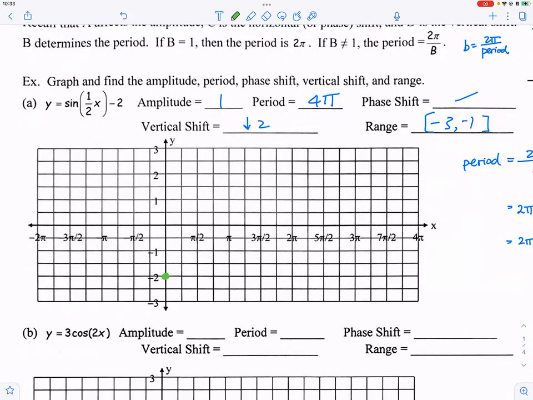The next point is 4 pi. Because after one period, it goes back to the same point again, right? Like I said, you've got to know your sketch. Sine graph goes up and down and up.